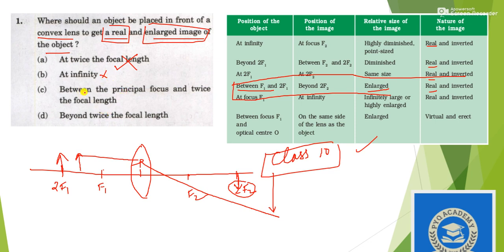Between principal focus and twice the focal length, yes, this can be our answer. So this is the correct answer. The fourth option is beyond twice the focal length. If we put the object beyond 2f1, then the image will be diminished. So this is not the correct option. So option C is the correct one.